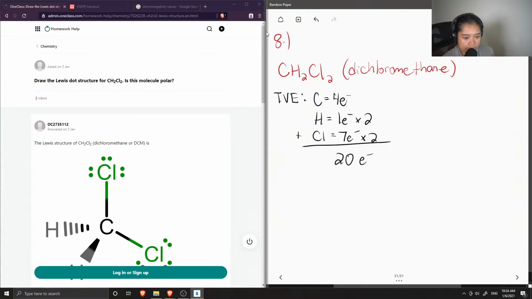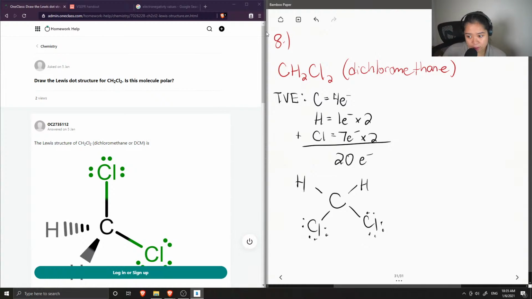So now let's draw carbon as our central atom, and then we'll show all of the other atoms as single bonds. And then I'll just fill in all the lone pairs that would be on chlorine. And in the case of hydrogen, there would be no lone pairs, since hydrogen only has the 1 electron in its valence shell.